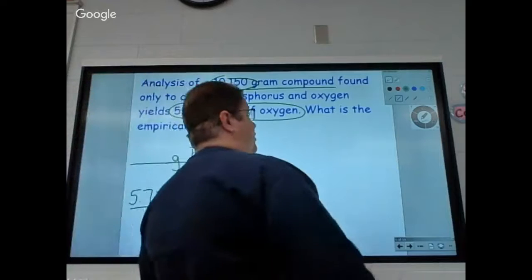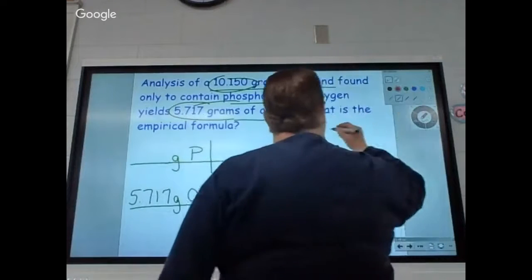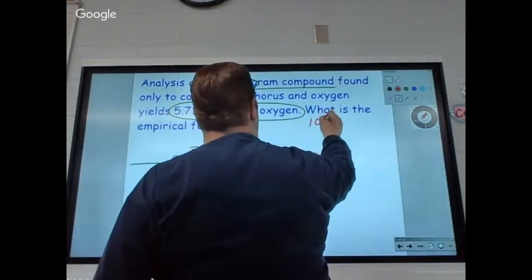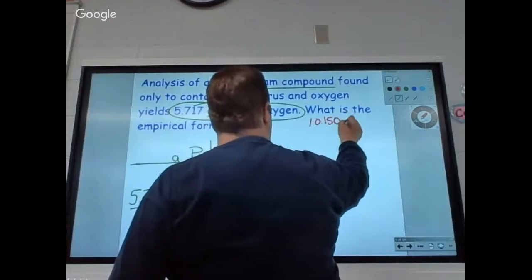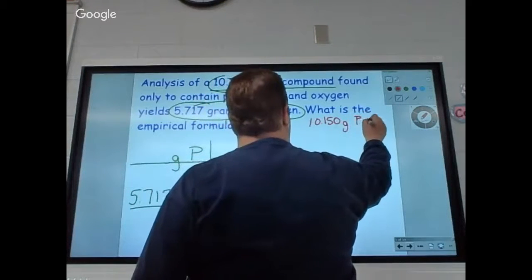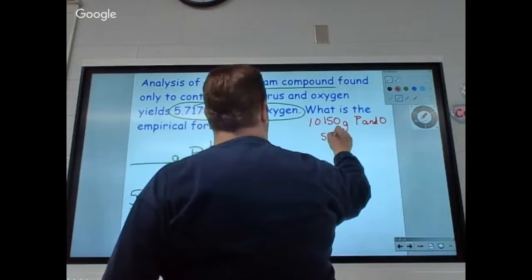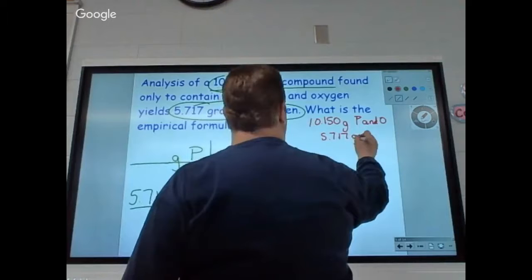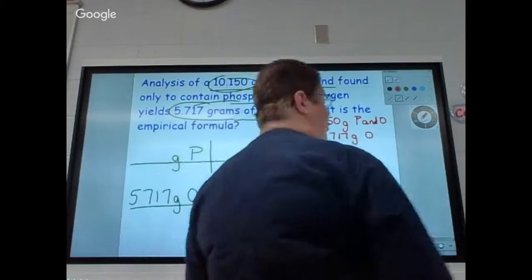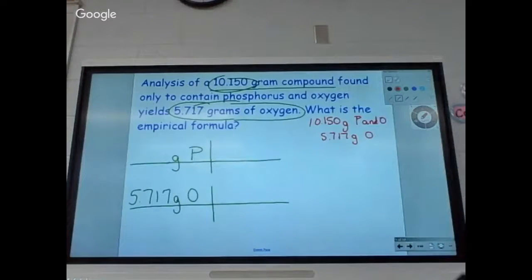Take the 10.150, which is grams of P and O, and take the 5.717, which is grams of just O, and subtract them.